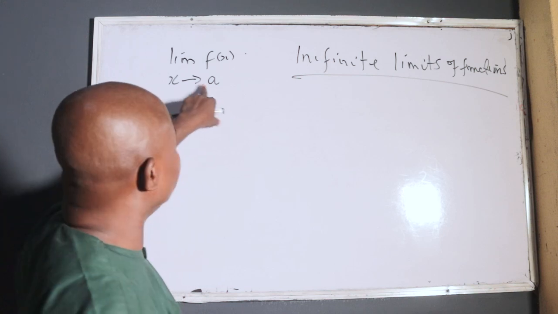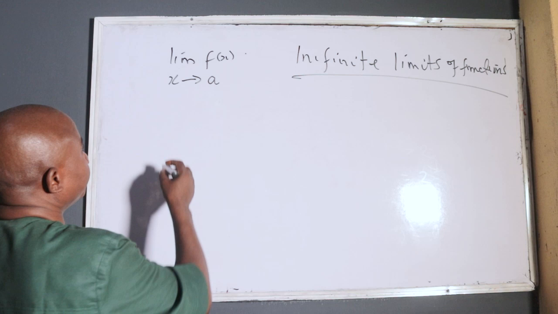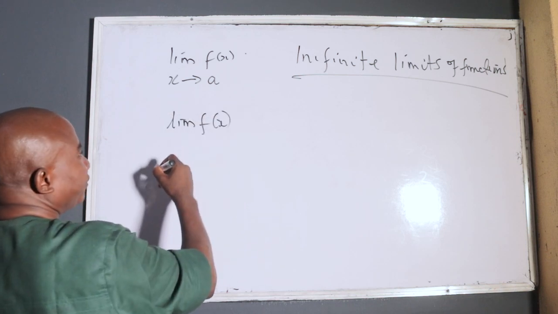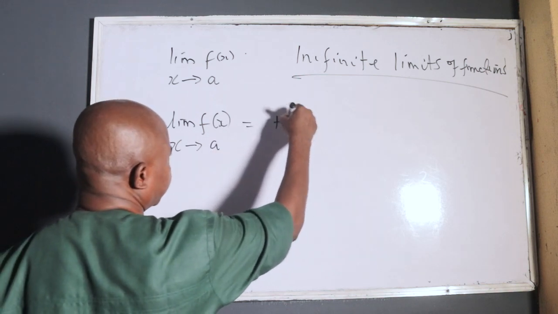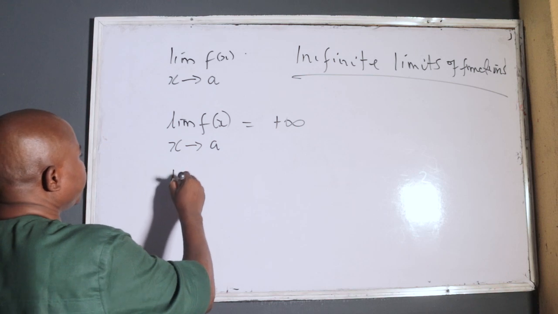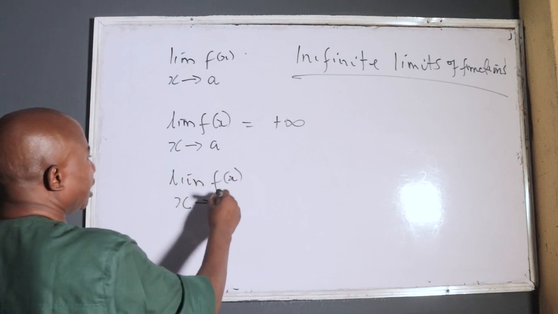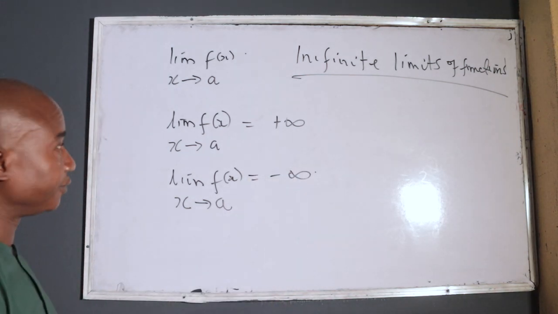Another thing you should realize, which I think I discussed in the previous video, is that we can have a situation where the limit of a given function f of x as x approaches a fixed number is plus infinity. We can also have a situation where the limit is negative infinity. Such cases exist.